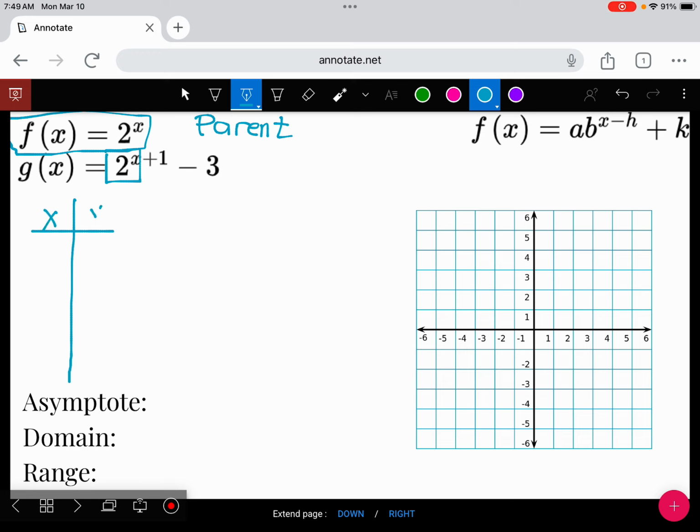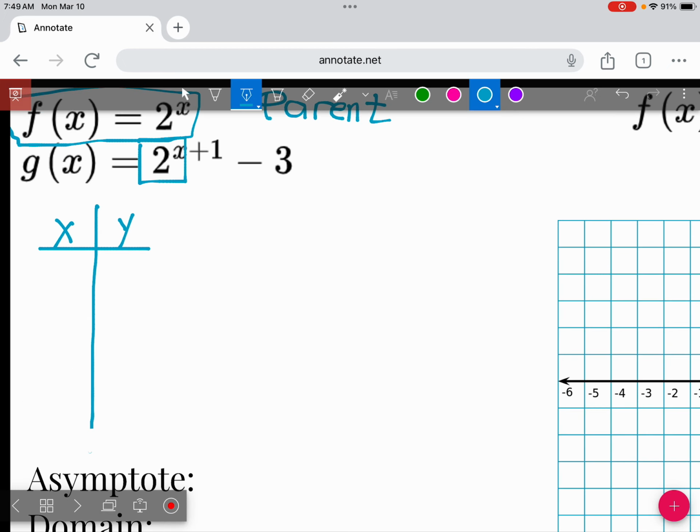We've done this one already today, but not since we started talking about what an asymptote was. So when I'm filling in my parent functions, I will use those same x's we've been using, my -2, my -1, 0, 1, and 2. For our 2 to the x, 2 to the power of -2 is 1/4.